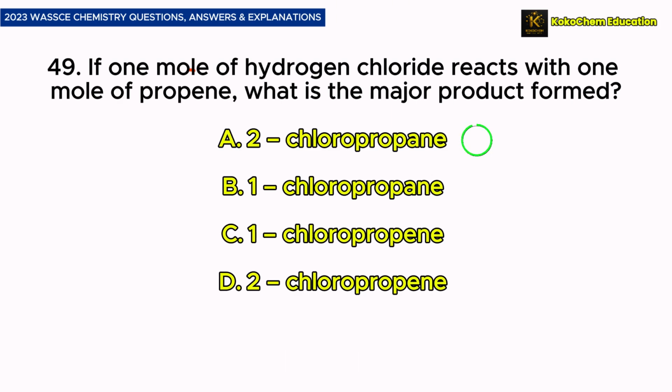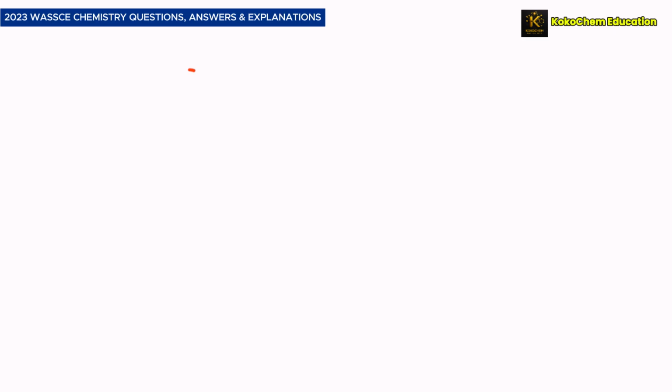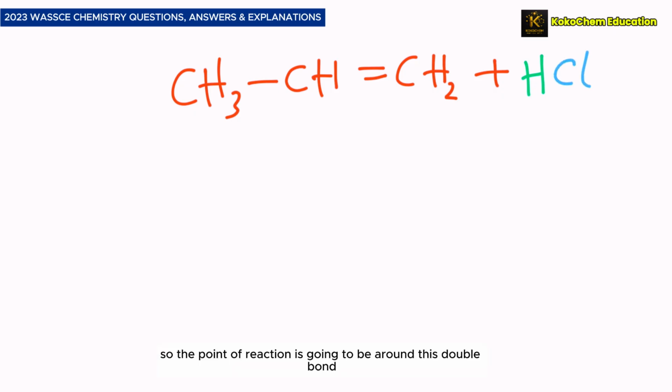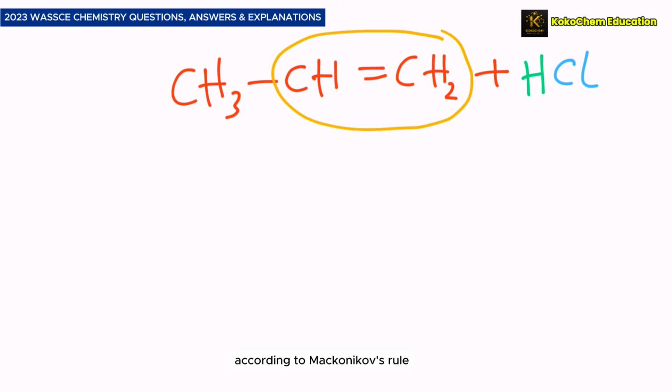Explanation. So we have CH3 CH double bond CH2, and if you are adding HCl, the HCl adds across the double bond, so the point of reaction is going to be around this double bond because that's where the double bond is.